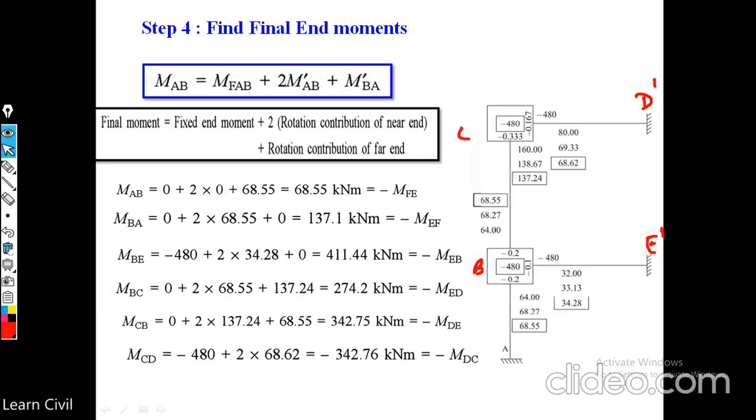And this is how this particular problem is solved. These are the final end moments for this particular beam. And for the rest of the portion, or the other half, the bending moment values will be exactly opposite. That is, the sign will be opposite, but the magnitude will be the same.